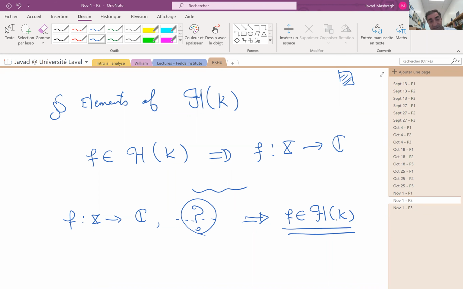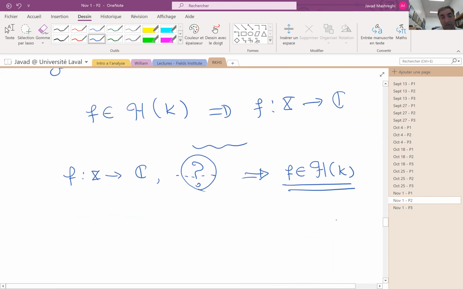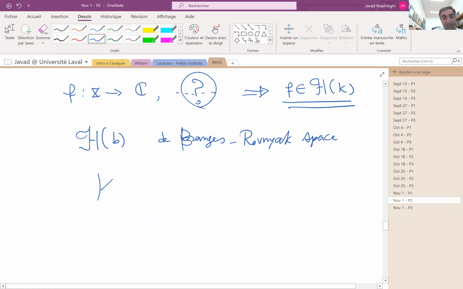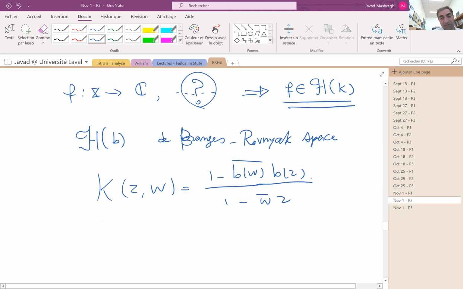Because in some spaces, like H of B, the de Branges-Rovnyak space, we start with the kernel K. K of Z and W is given by 1 minus b(W) bar b(Z), over 1 minus W bar Z. That's a kernel.